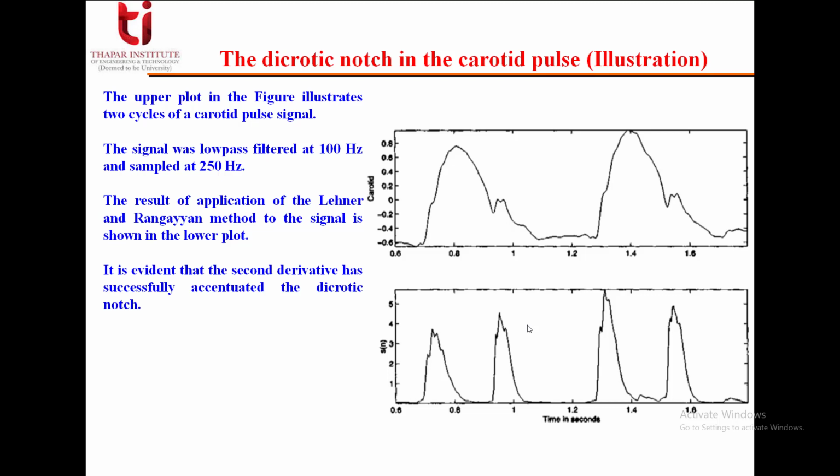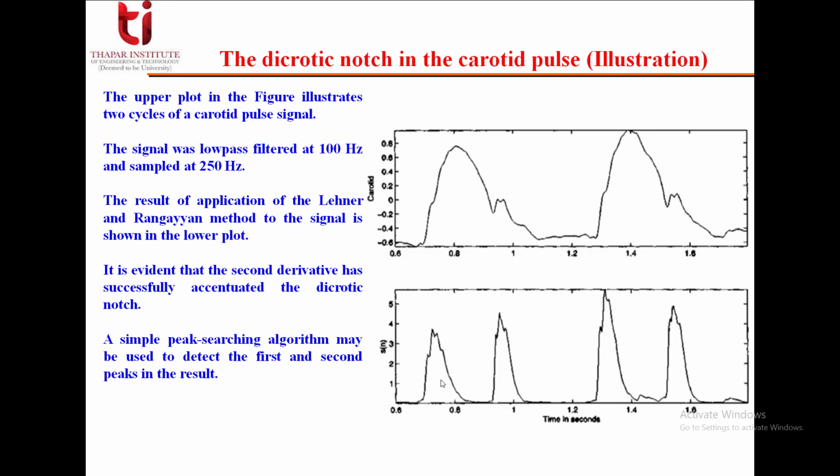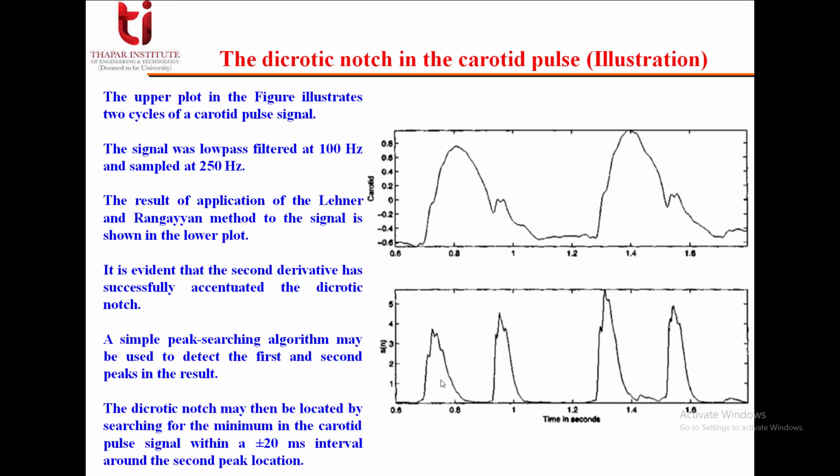We can see that the second derivative has successfully accentuated the dicrotic notch. A simple peak searching algorithm may be used to detect the first and second peaks in the result. The dicrotic notch may then be located by searching for the minimum in the carotid pulse signal within a plus minus 20 millisecond interval around the second peak location.